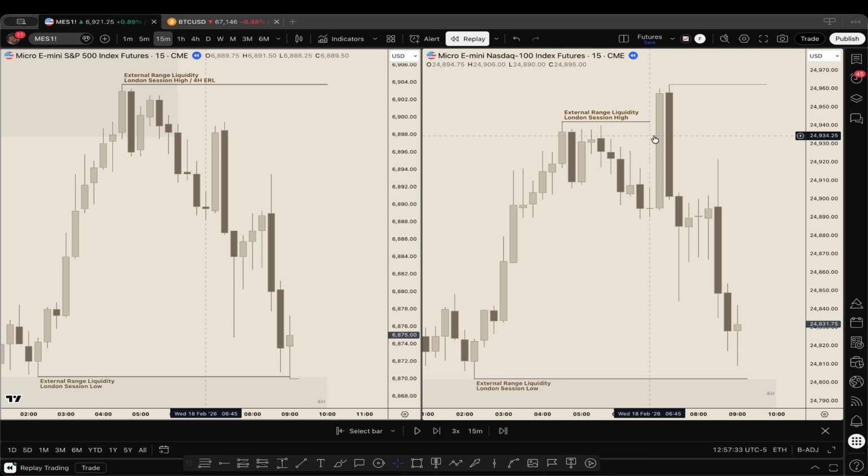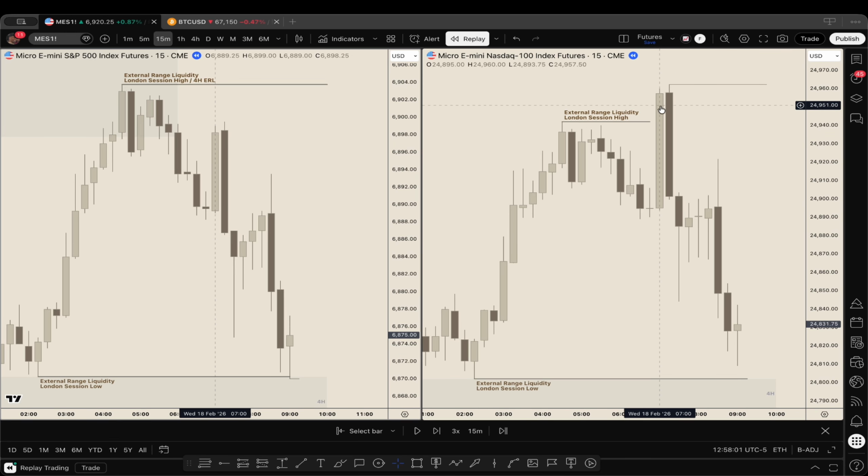The reason why I didn't take that is because I do not trade before 9:30. Vice versa, if you look at S&P on the left here, the London session low was taken out at 9 a.m. Again, that's still prior to 9:30, so I did not touch the market. Even though my London low on S&P is taken out, and my London high on NASDAQ is taken out, I'm not touching anything.